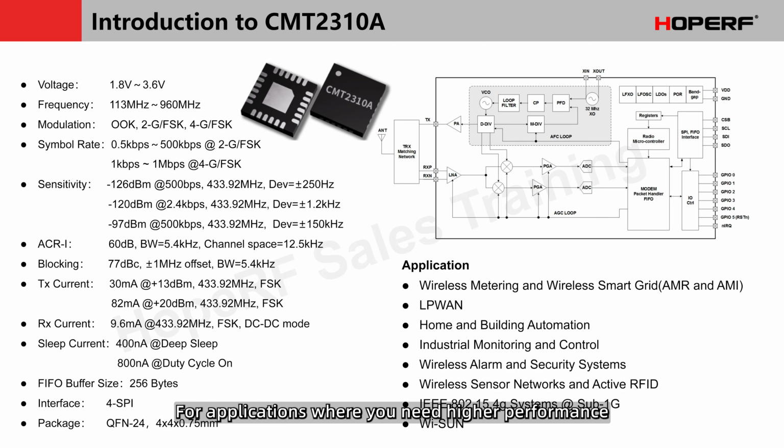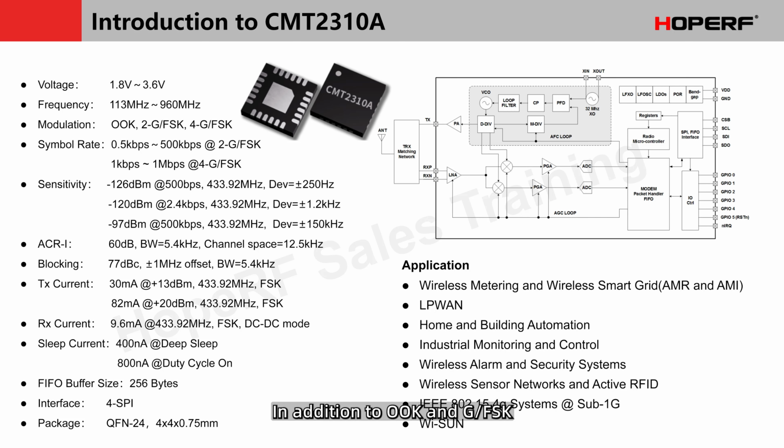For applications where you need higher performance, we recommend the CMT2310A. Think of it as the upgraded, higher performance version of the CMT2300A. It also runs on 1.8 to 3.6 volts, with a frequency range from 113 MHz to 960 MHz.